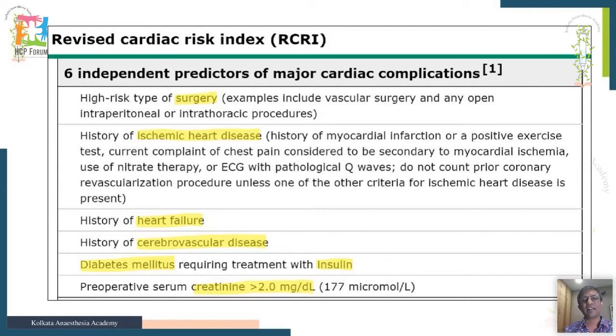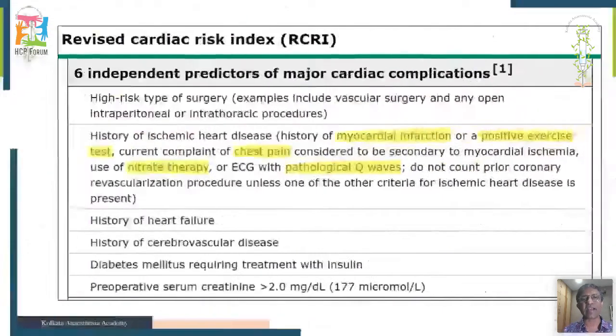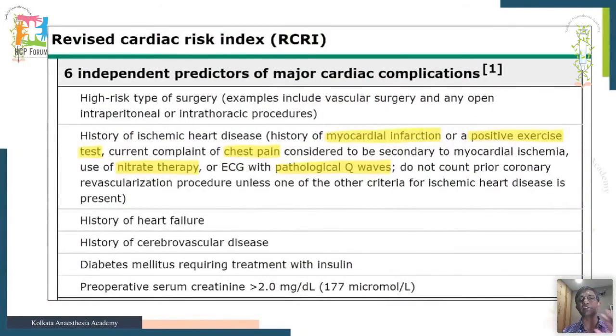I have a little bit of an issue on this. I think it should just be diabetes. And renal dysfunction characterized by a creatinine greater than 2. And ischemic heart disease has been defined, and they say it's a history of MI or a positive exercise test, a person complaining of chest pain which is definitely of myocardial origin, use of nitrate therapy, evidence of pathological Q waves on ECG.